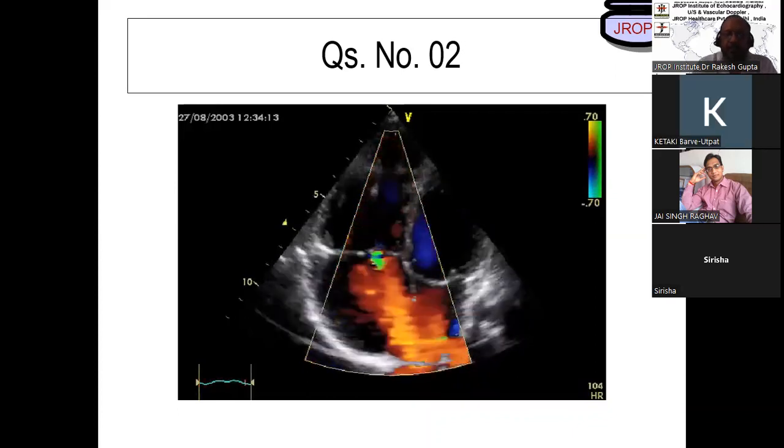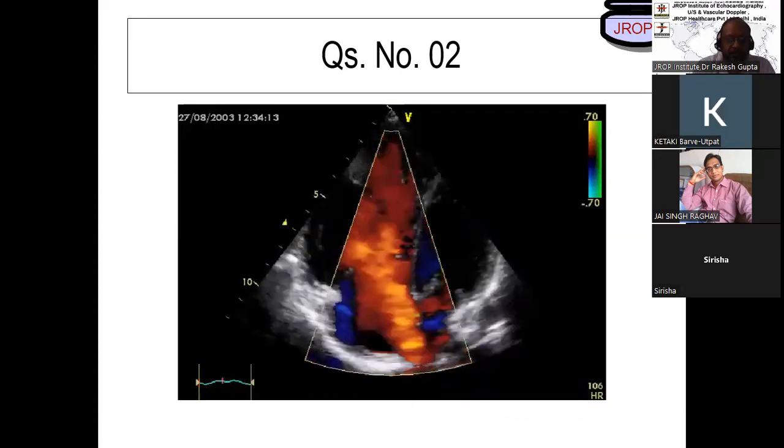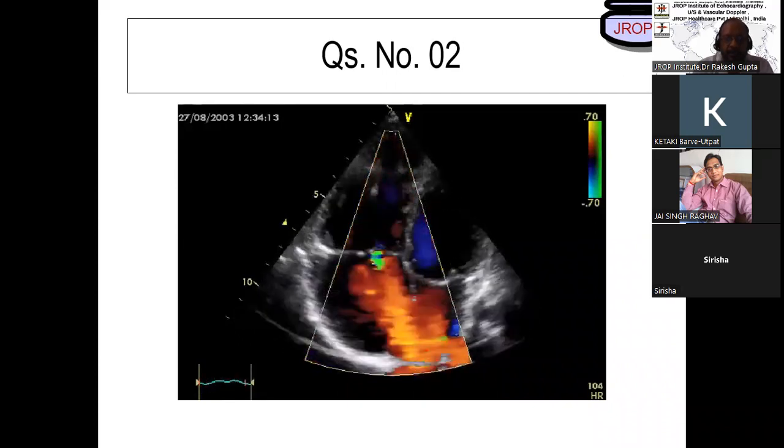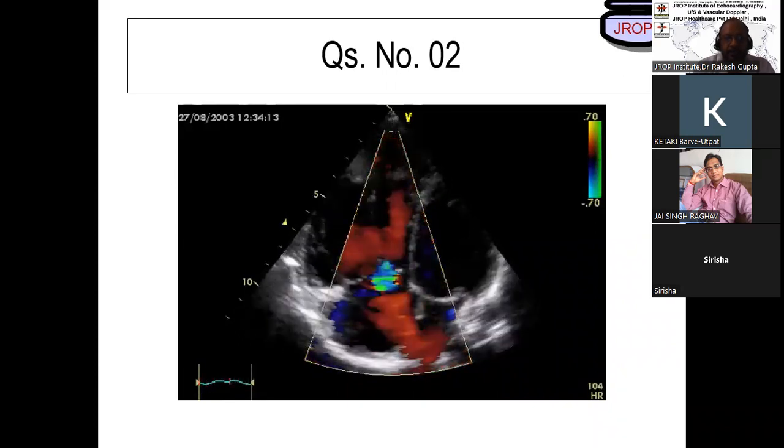Vasudev, good evening, sir. Your answer? Good evening. This four-chamber view showing atrial septal defect with tricuspid regurgitation.